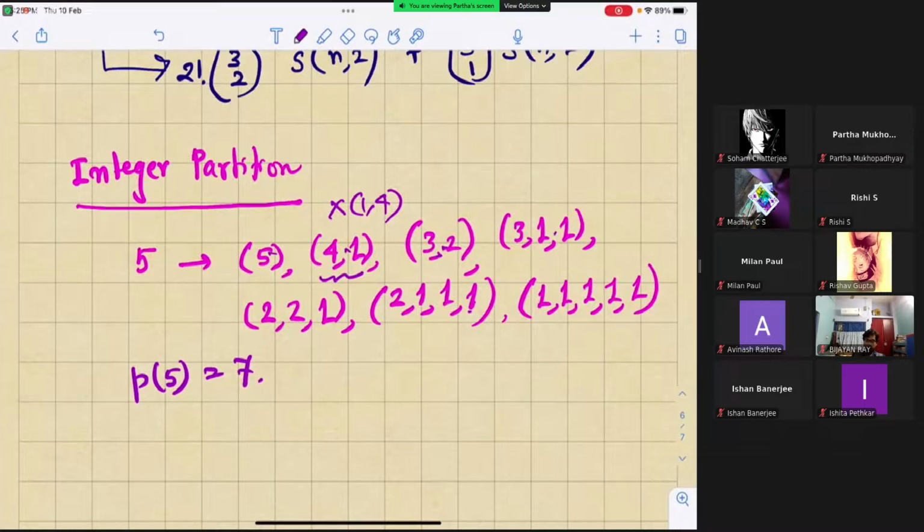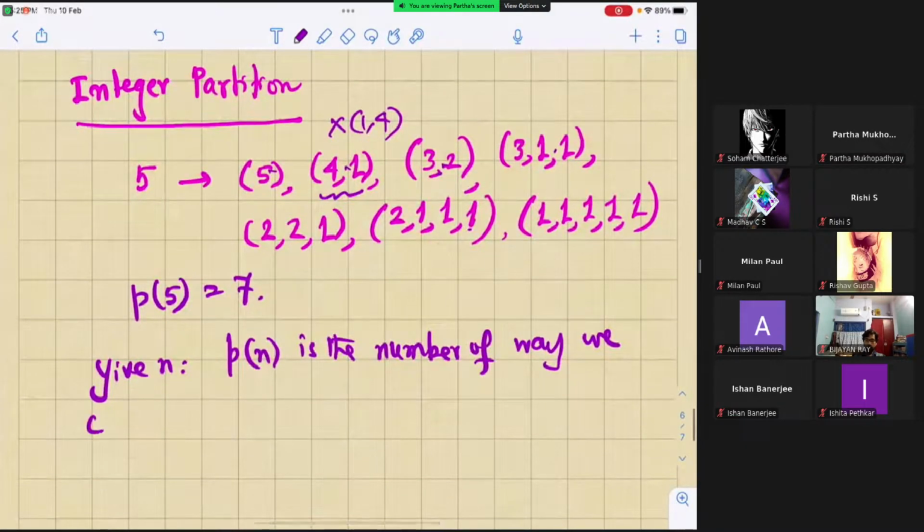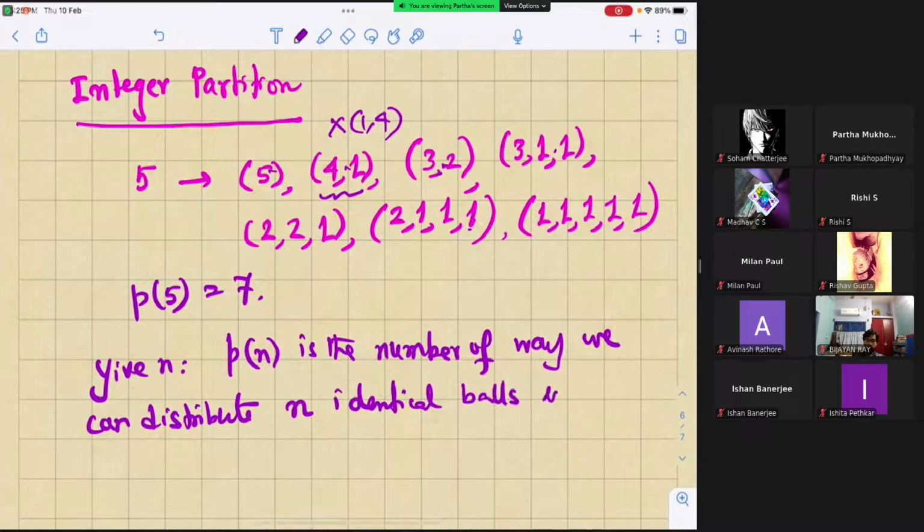That means intuitively what is happening? Given n, Pn is the number of ways we can distribute n identical balls in identical boxes.